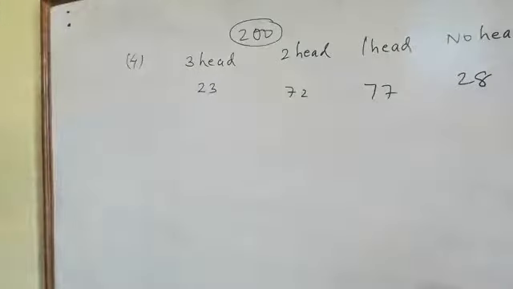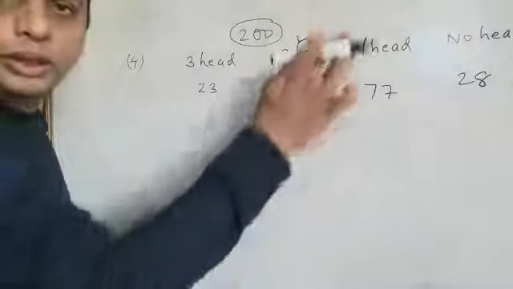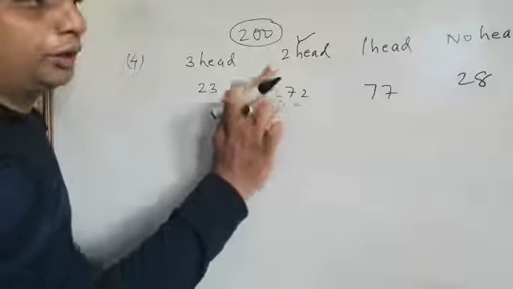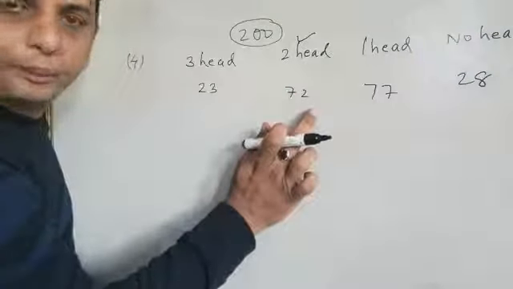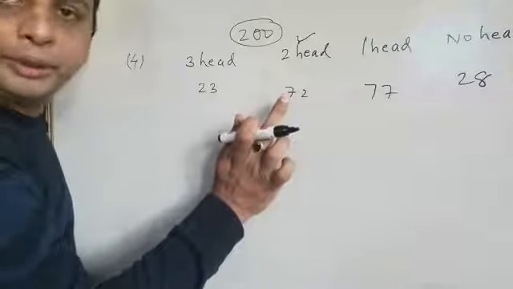Now in the question it is asked: if the coins were simultaneously tossed again, find the probability of two heads. We have to find the probability of two heads. How many times did two heads come? 72 times. So this will be our favorable outcome, because it is asked to find the probability of two heads.